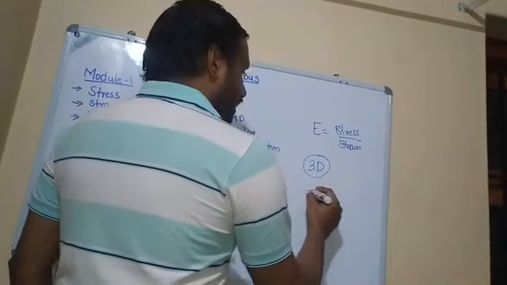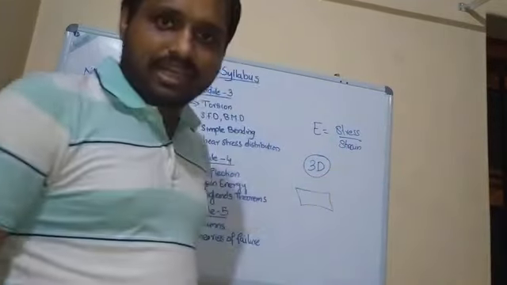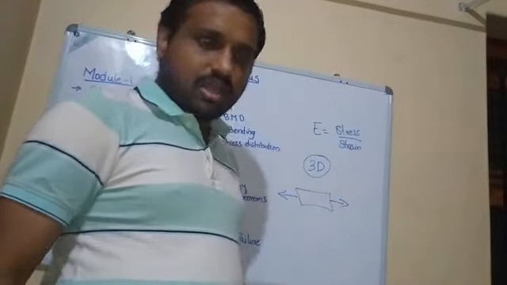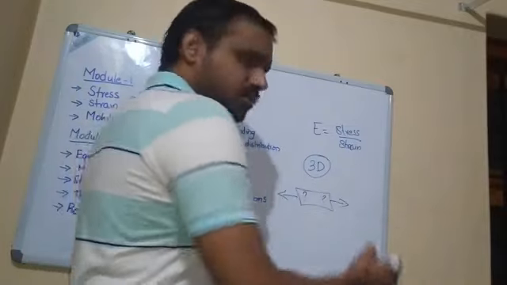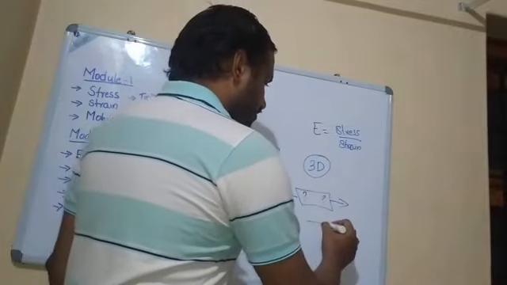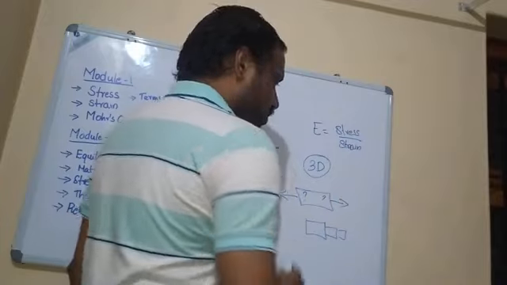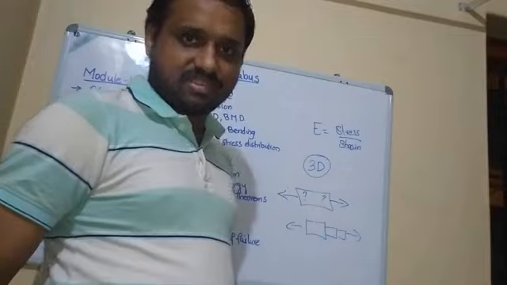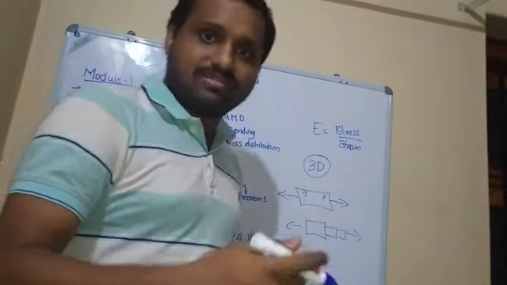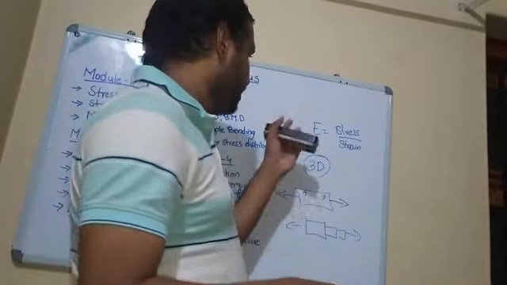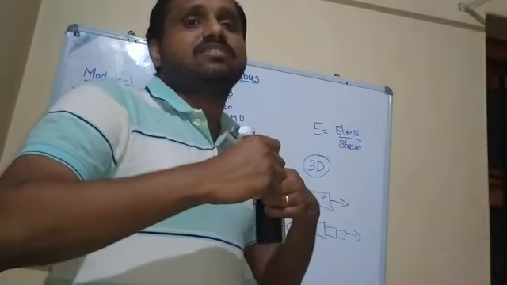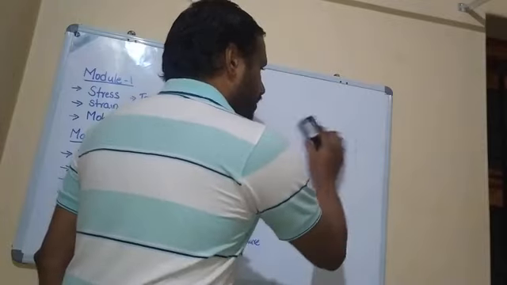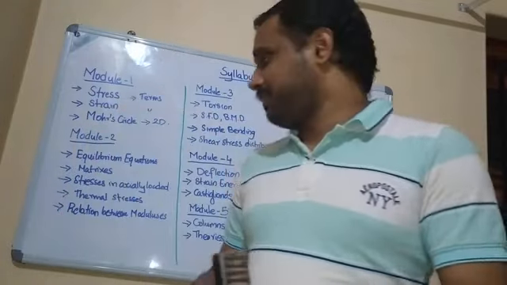That means if you are having a bar like this and you are applying a force, what will be the stress induced? Similarly, if there are 2 or 3 bars and you are applying force, what will be the stresses induced? What will be the elongation? What is the strain? What is stress? What is the elastic modulus? Those terms we will be dealing with here. This is actually an interesting part.